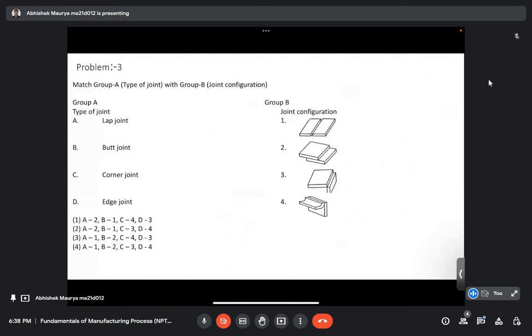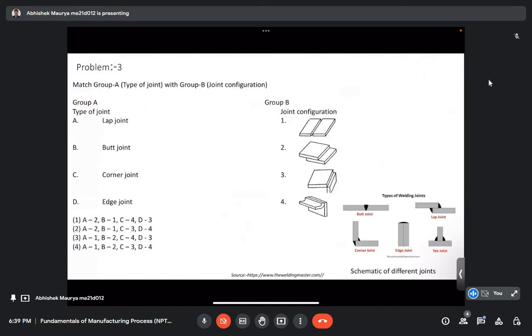So we know that in the joining process, especially in welding, there are many configurations in which we try to join two objects together. Let's look at the different joint configurations in which we go for the welding process.